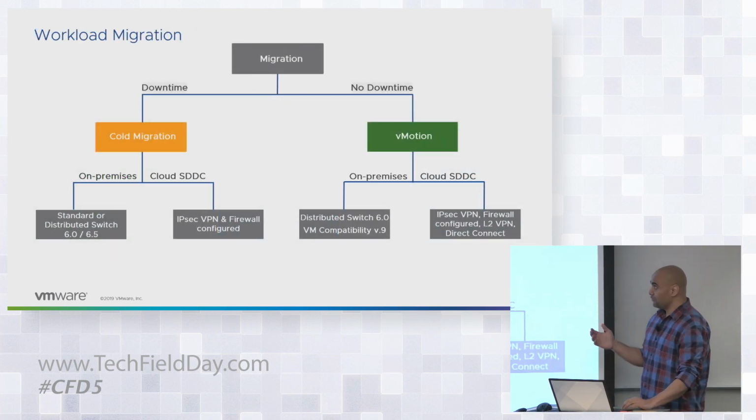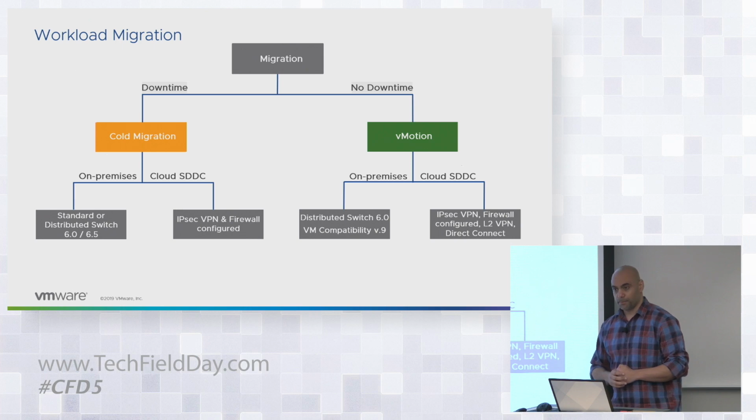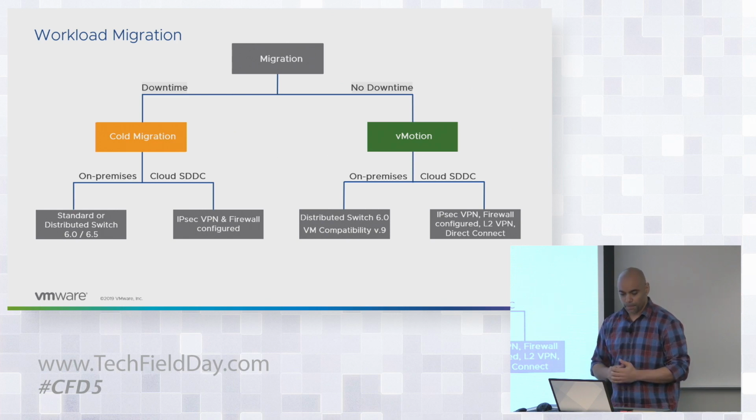In the sense of workload migration, if we do downtime or no downtime, we have a couple of options. We can use cold migration, which requires downtime. And then we have live vMotion, which is no downtime. Now, in moving these workloads, there are some requirements that need to be in place to do so.